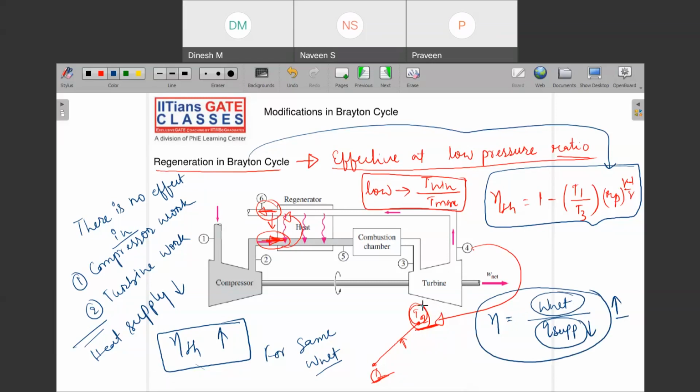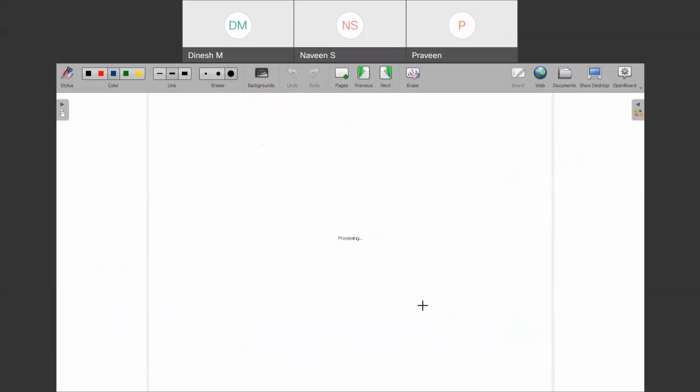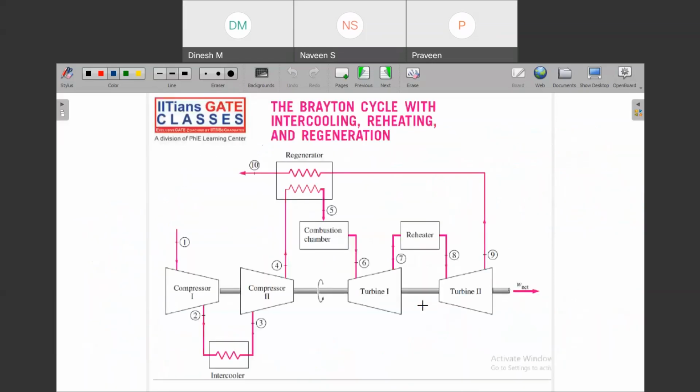Okay, next. See, there is one modification called intercooling, and there is one more modification called reheating, and then there is one more modification called regeneration.